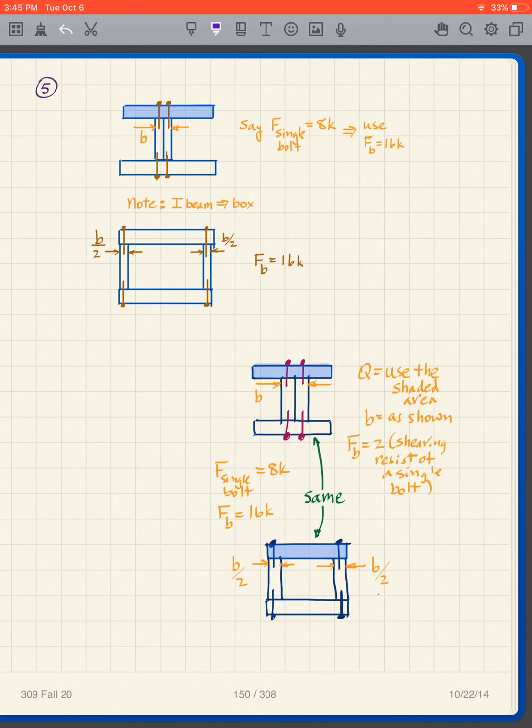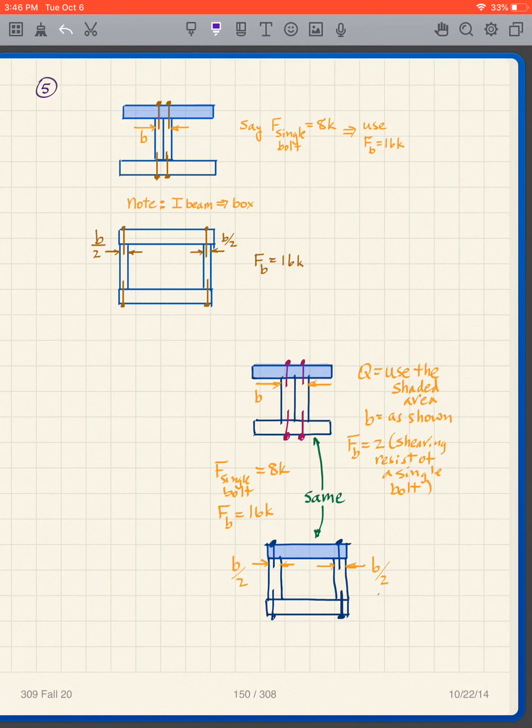How do we handle this? First of all, I've got two bolts up here, and I think we can all envision that's the B. Why? Because I'm expecting shearing to take place there.